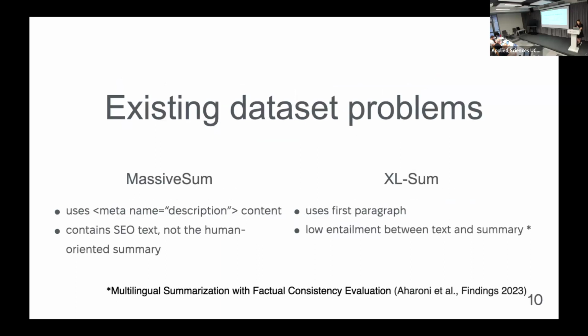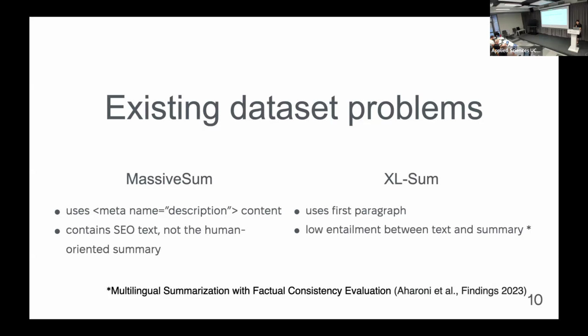The first problem also is the data. There exist two publicly available multi-language datasets which include data for Ukrainian. However, they are deeply flawed, in my opinion, due to the approaches on which they are made.